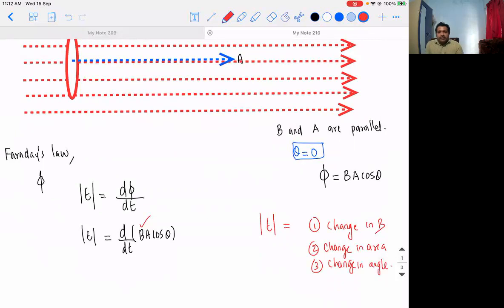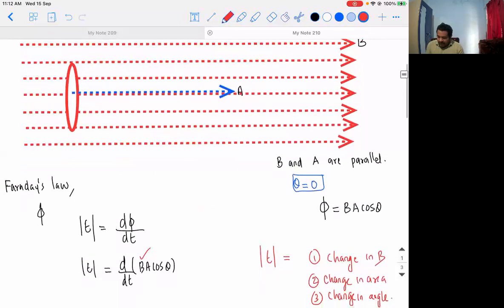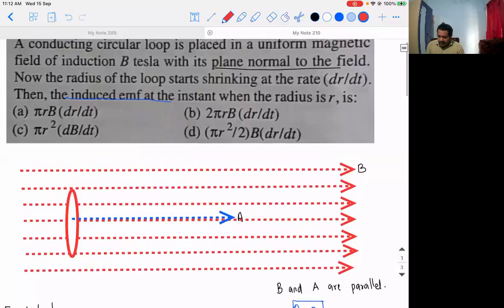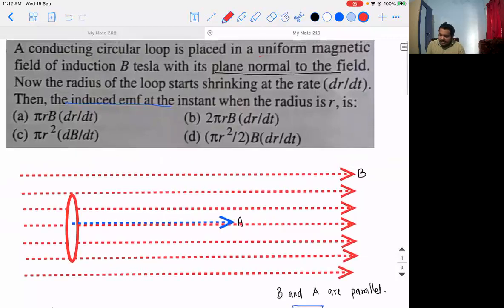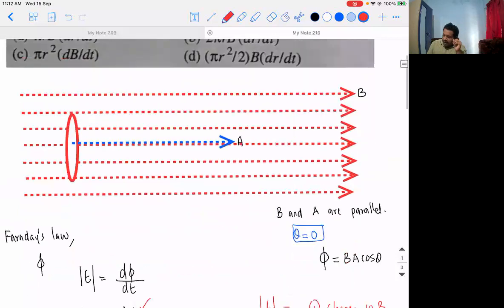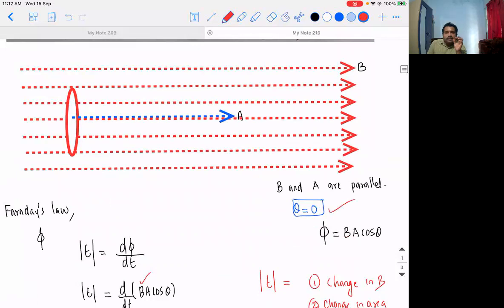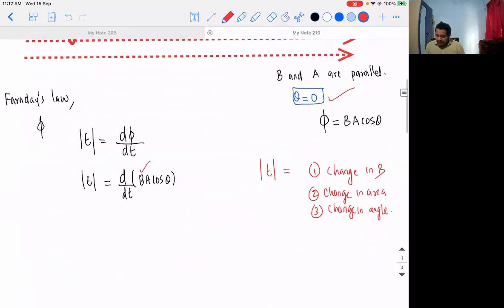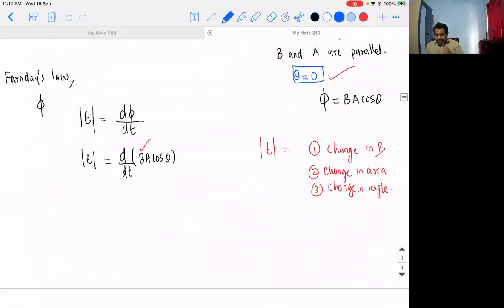But you can see that in our question it is given that the magnetic field is uniform. That means B is not changing. And we have already calculated from the clue that the angle between them is not changing. So only one thing is changing here. What is that?